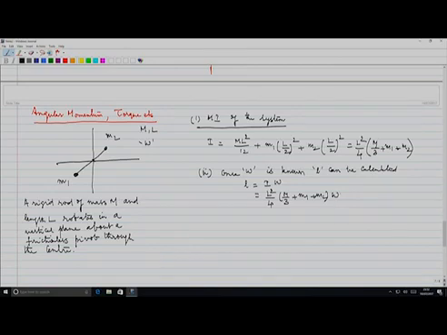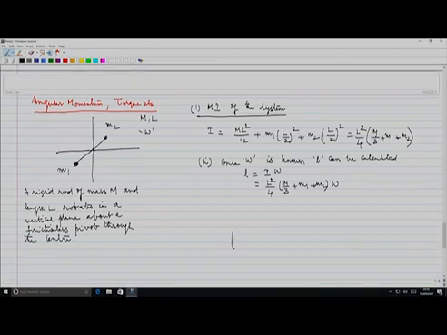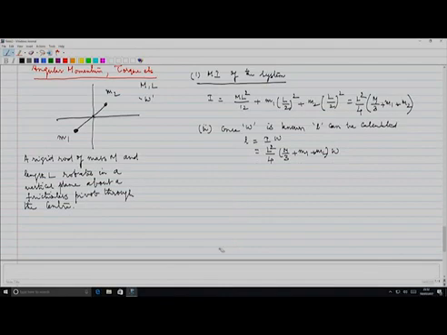Now, there is a torque on the system, right? Because there is one m1 g, there is another m2 g force. Therefore, the torque on the system: first, tau 1 is equal to m1 g into, suppose I call this angle theta, L by 2 cos theta.